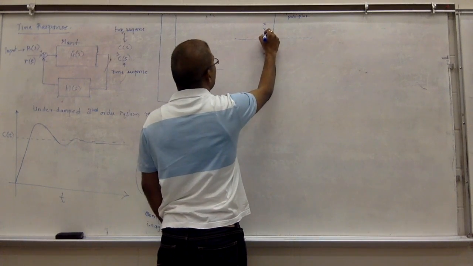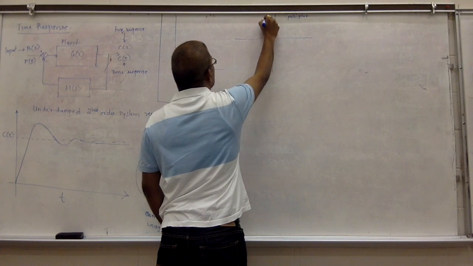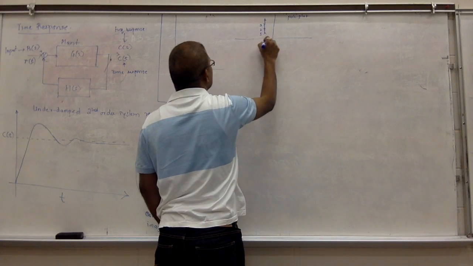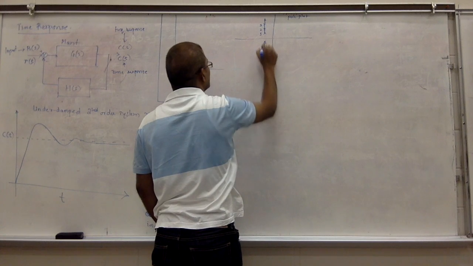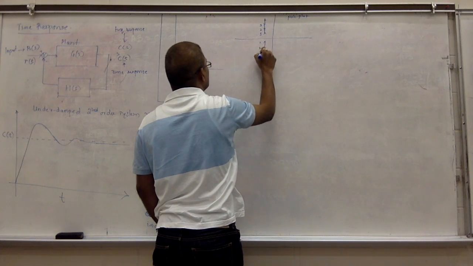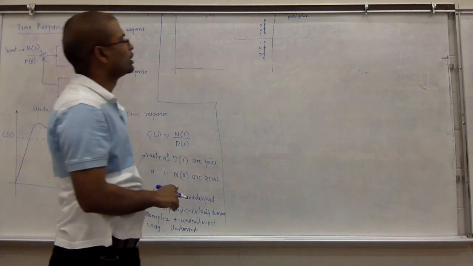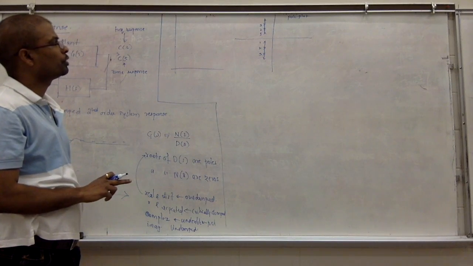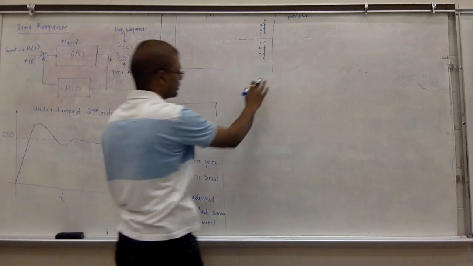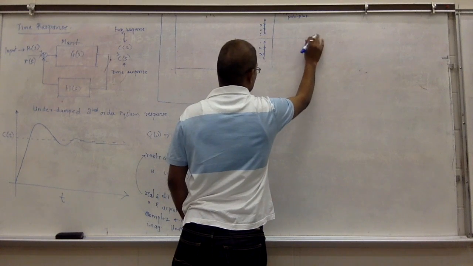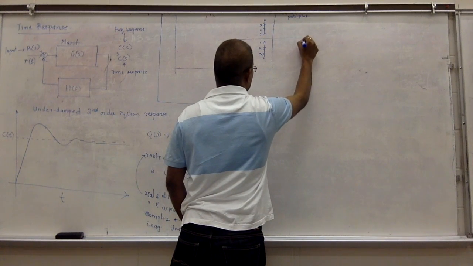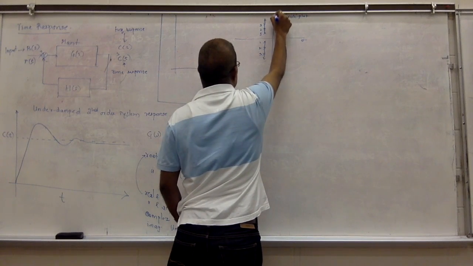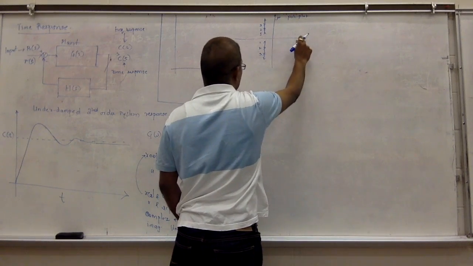If these roots vary, so the system is 1, 2, 3, right? If only the imaginary component of the root varies. This is sigma, the real component. This is j omega, the imaginary component. Okay. J omega axis, sigma axis.